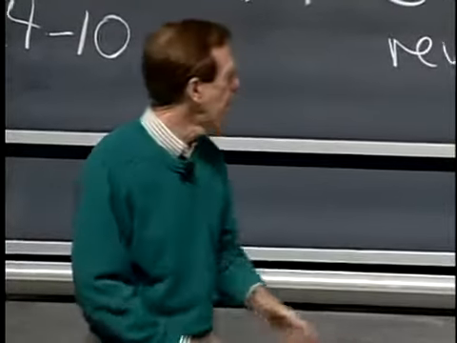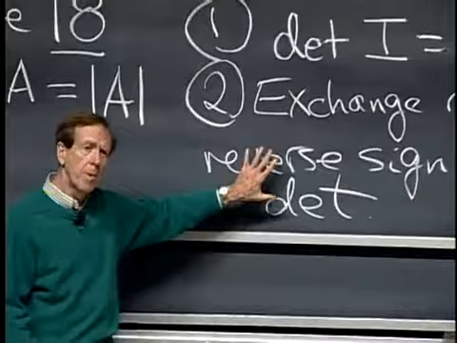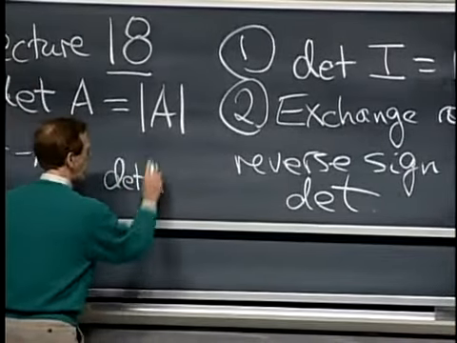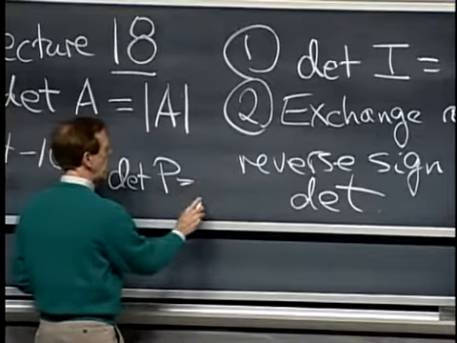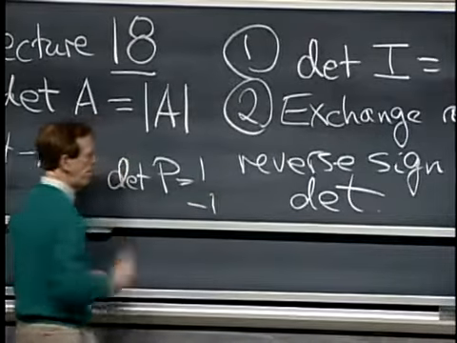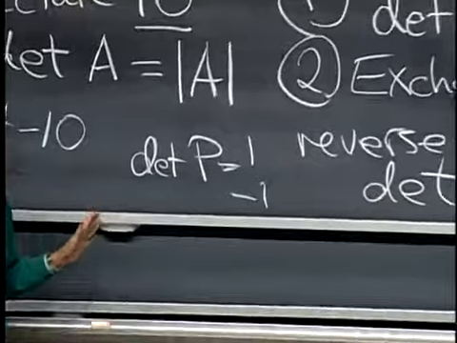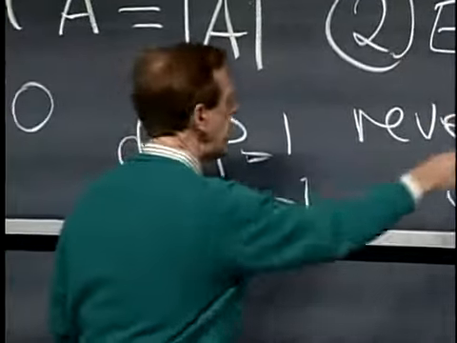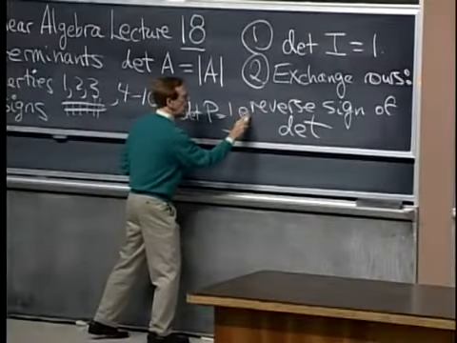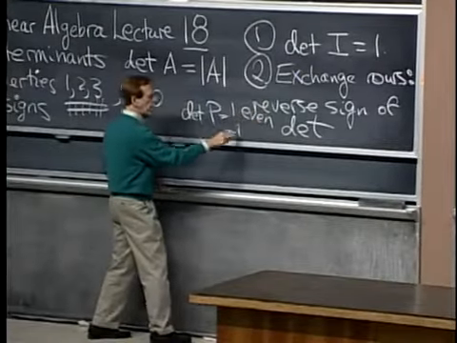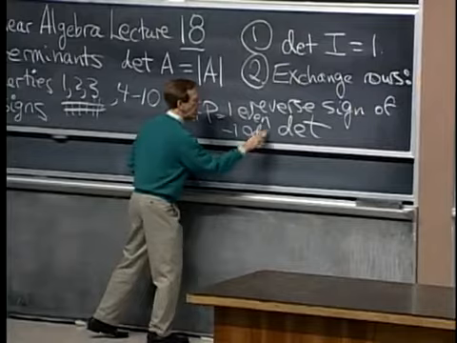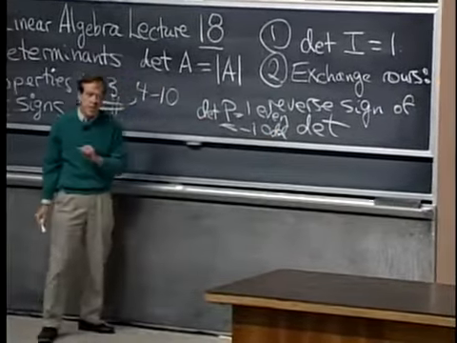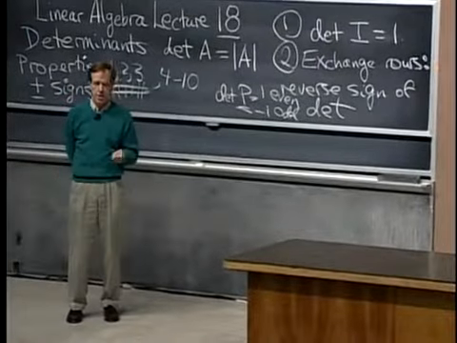At this point, I know every permutation matrix. So now I'm saying the determinant of a permutation matrix is 1 or minus 1, depending whether the number of exchanges was even or the number of exchanges was odd. So this is the determinant of a permutation. Now P is back to standing for permutation.